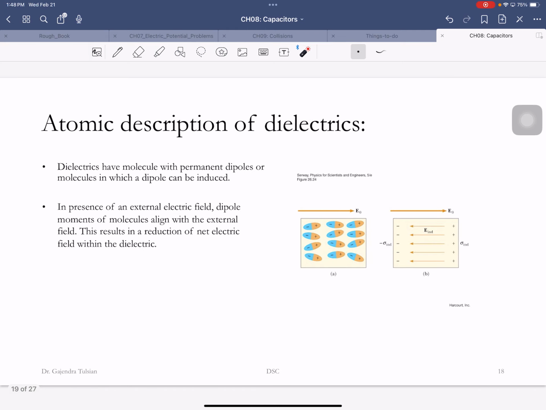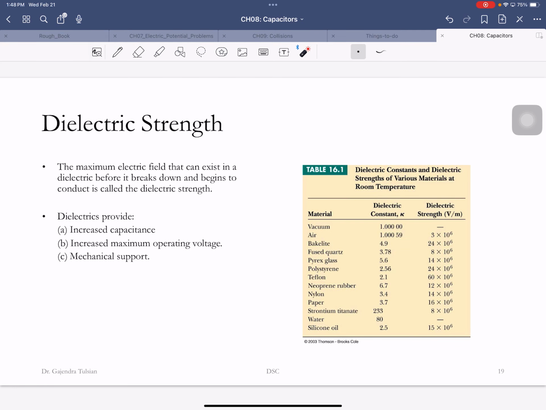So this gives you the dielectric strength, meaning at what electric fields that material will become conducting. You already remember the number for air, 3 million volts per meter. Through Teflon, it's 60 million volts per meter.